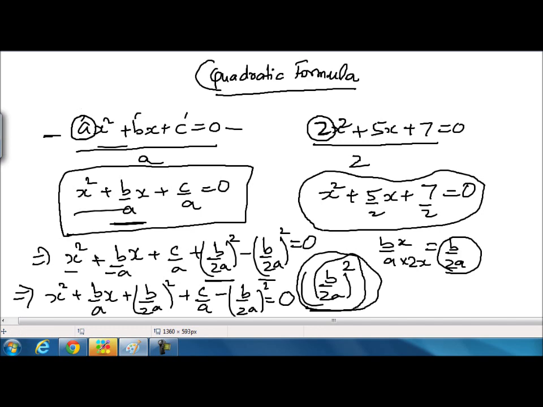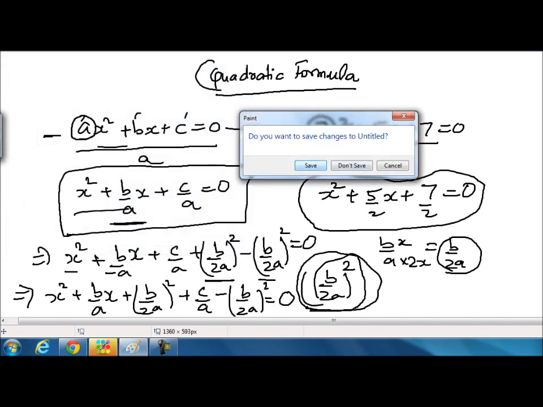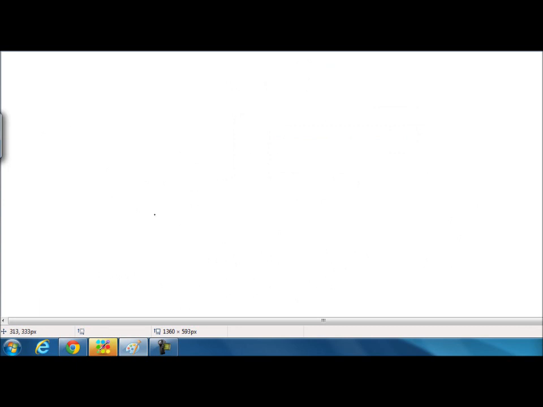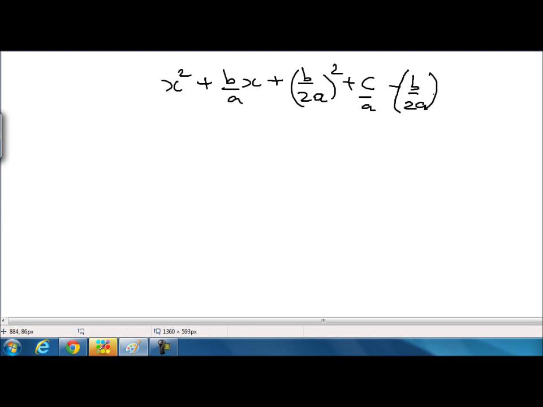Let's go to another page. So here we have x square plus b divided by a x plus b divided by 2a square plus c divided by a minus b divided by 2a square is equal to 0.